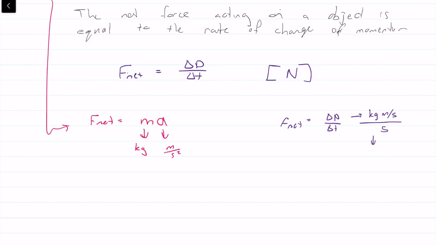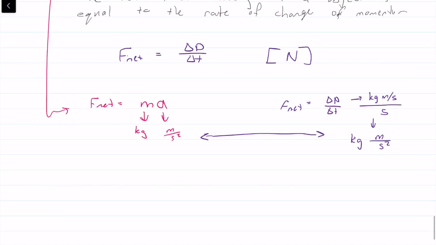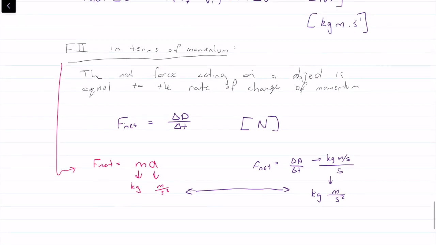So the equivalent unit is kilograms meters per second squared, and clearly these two units are equal. So just remember that we can use units to verify that what we're doing is correct.